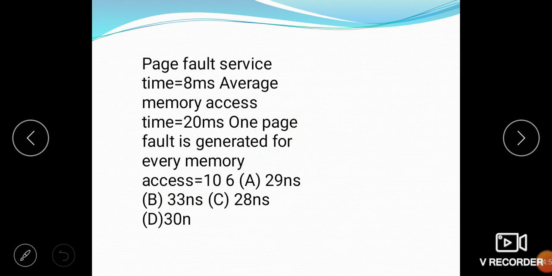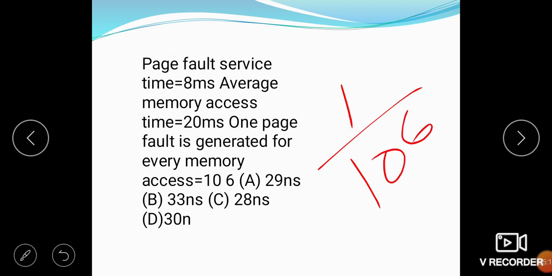Now next is the operating system. The given data is that page fault service time is 8 millisecond and average memory access time is 20 nanosecond, and one page fault is generated every 10 to the power 6 memory accesses. So P is 1 divided by 10 to the power 6.